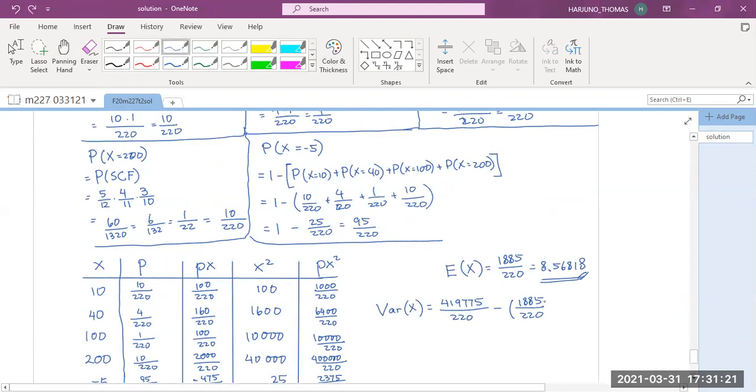Now then I will use calculator from here. 1885 over 220, I square it and then subtract from 419,775 minus 220.